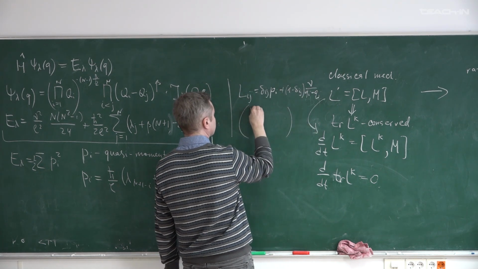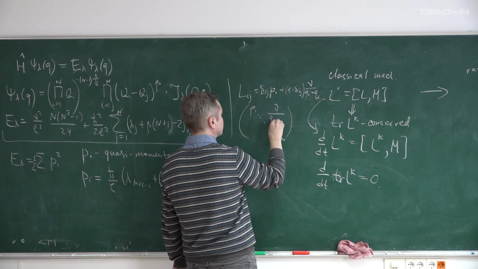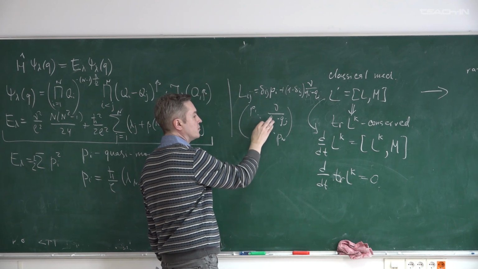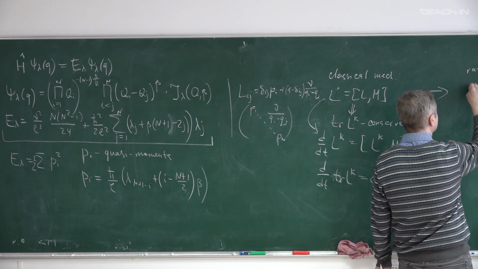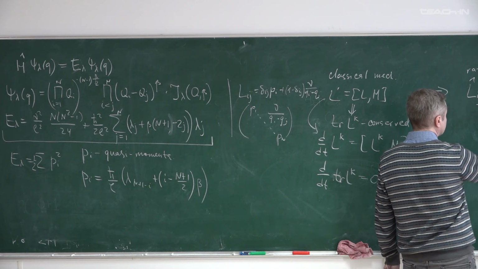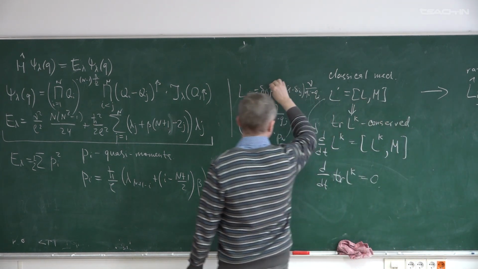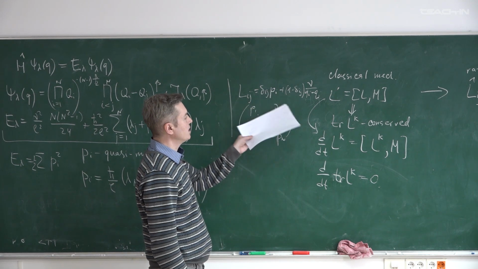It was a matrix which had momenta on the diagonal, and here some of the diagonal terms were of this type. And now consider a quantum Lax matrix, the quantized Lax matrix. So what is the quantization of the Lax matrix? Of course, it's just when you put some hats on momenta and coordinates.